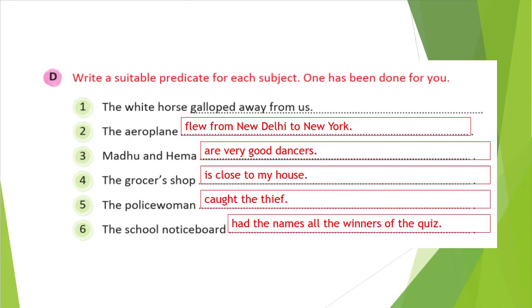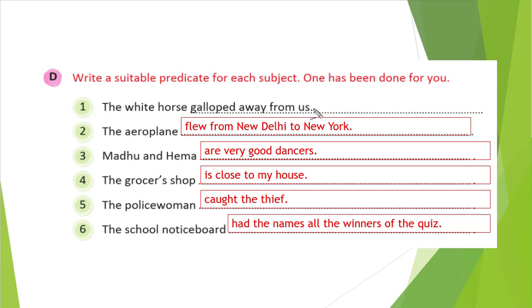So what can an aeroplane do? First we will see the first one. The white horse. Only the white horse is given. Suppose galloped away from us is not given. So you can write that the white horse galloped away from us, that you wrote.